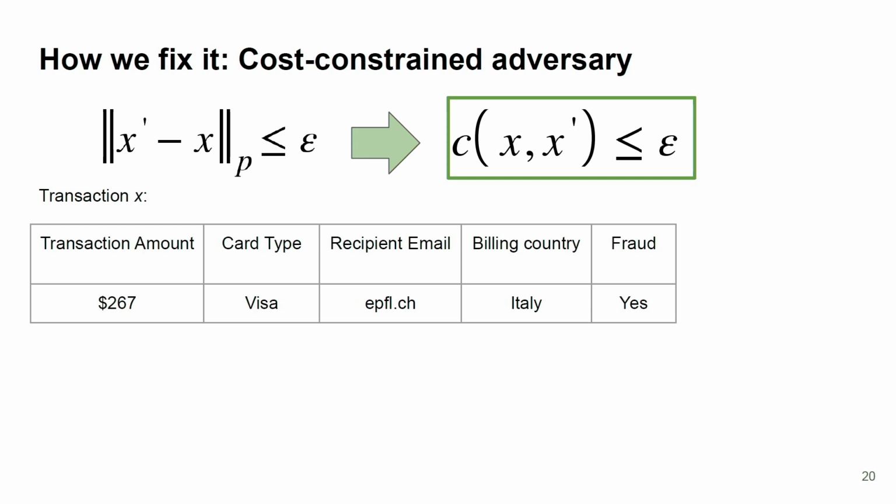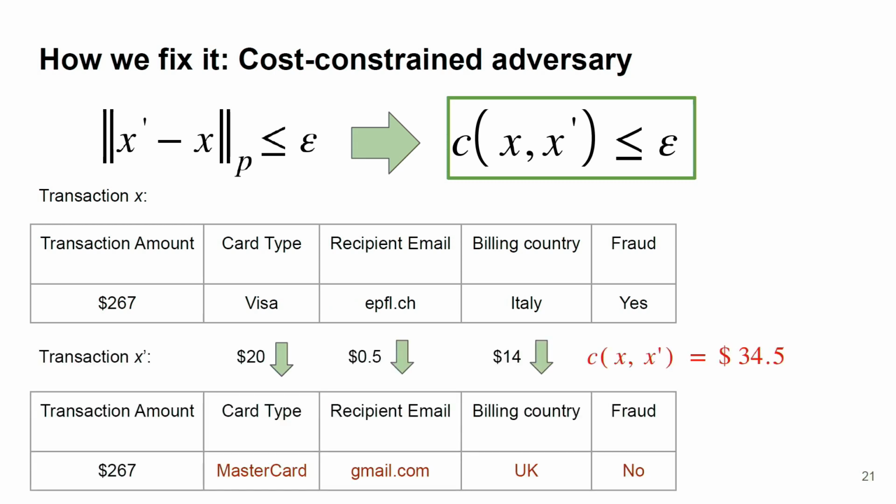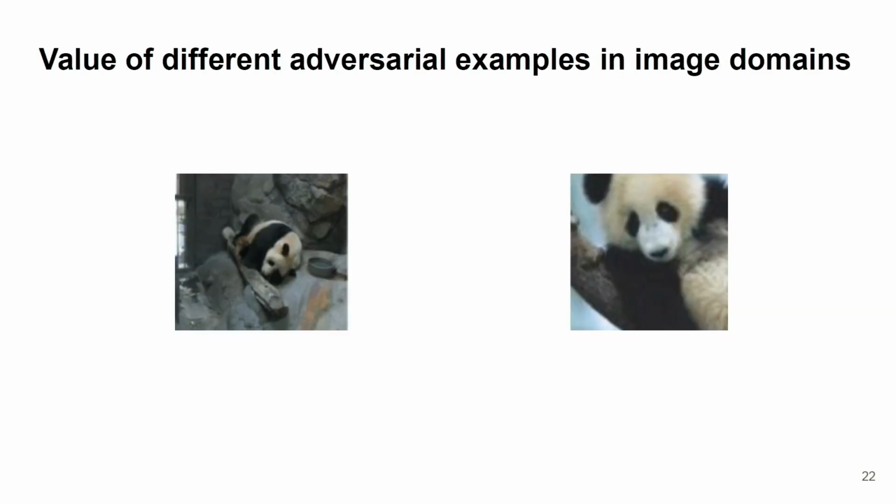And if we return to our transaction X and transaction X prime, you can see that the adversary needs to spend around $34 to reach X prime from X, which actually means that the adversary can mount this attack.